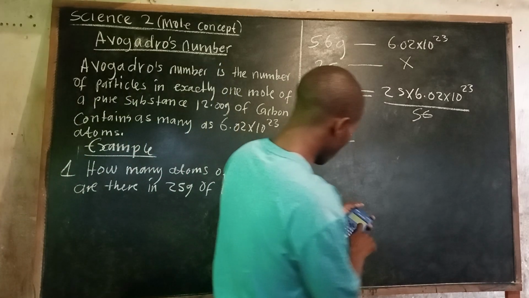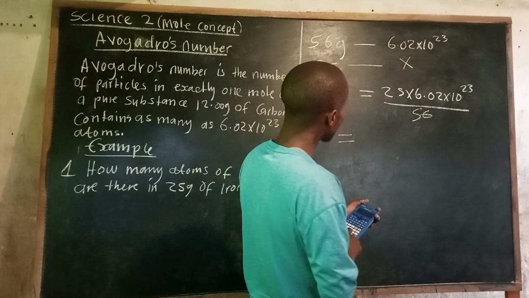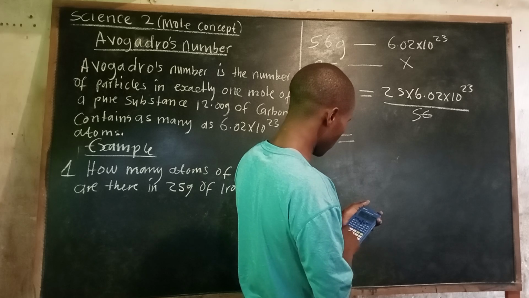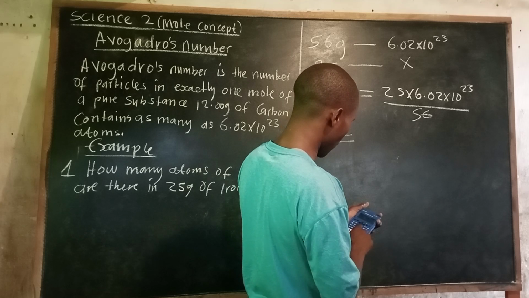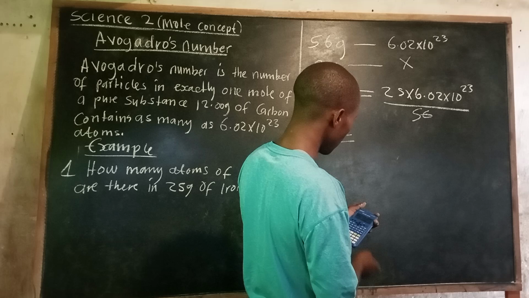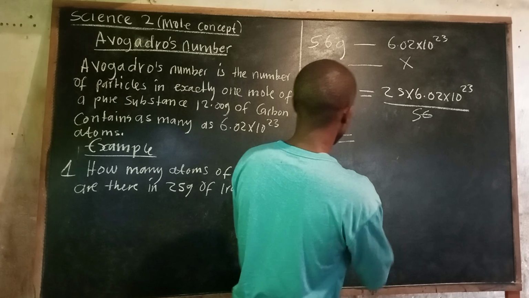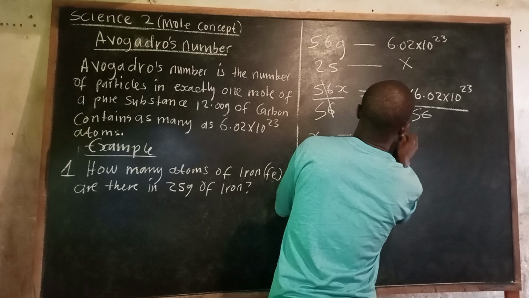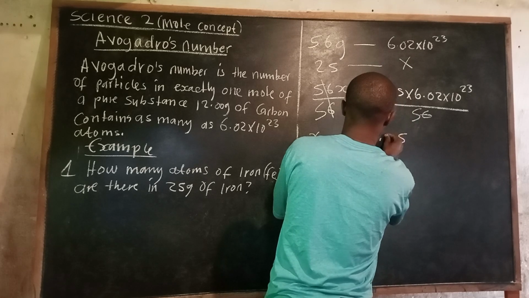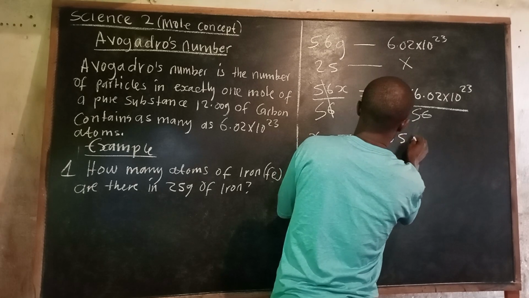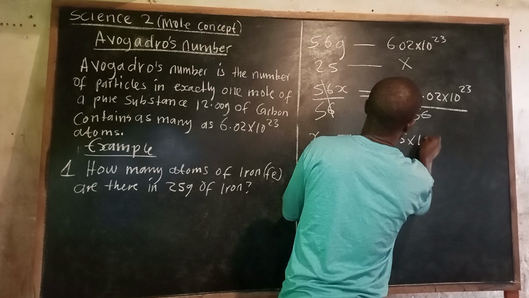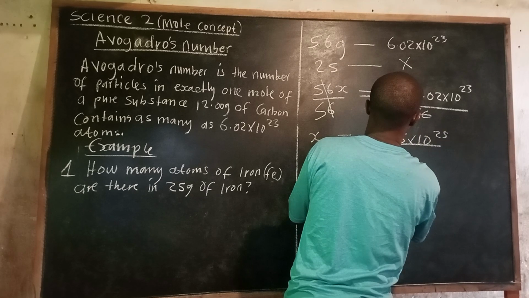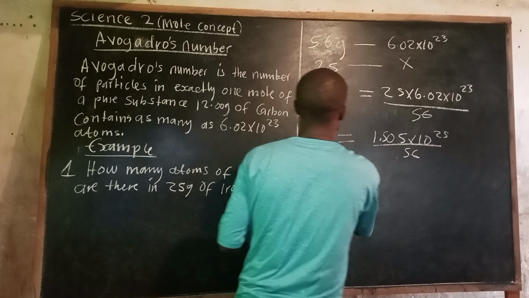So we say 25 times 6.02 times 10 power 23. The answer is 1.505 times 10 power 25, over 56.